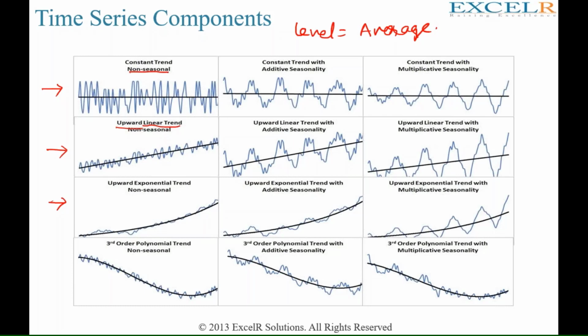We don't see that. And we have something called third order polynomial trend. Here also we do not see any seasonality. What is this exponential trend and what is polynomial trend? I'm going to explain these two using Tableau. I will demonstrate that for you all.